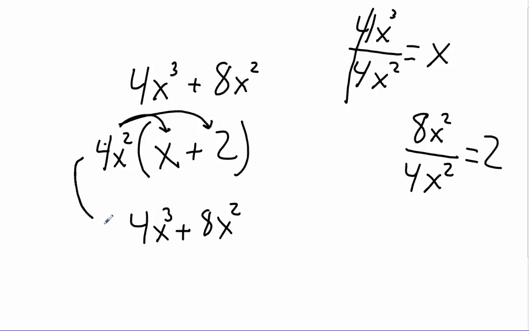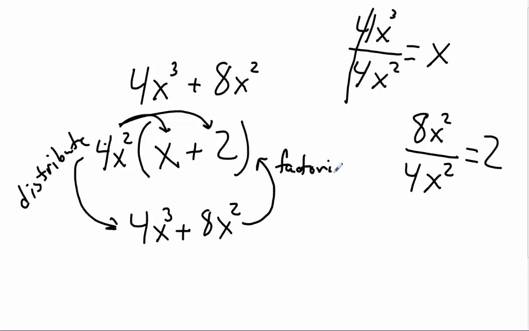So this way is distributing, whereas going from the bottom to the top is factoring.